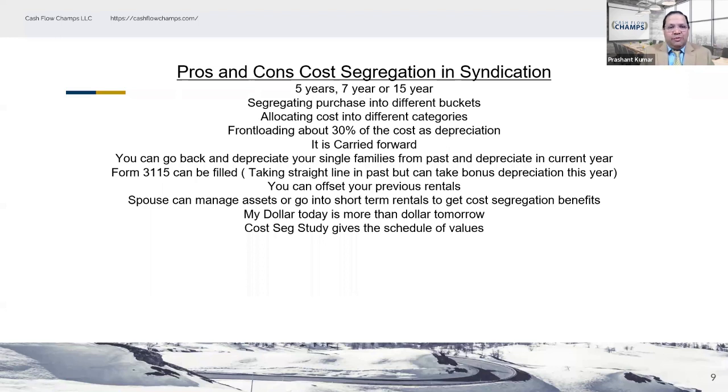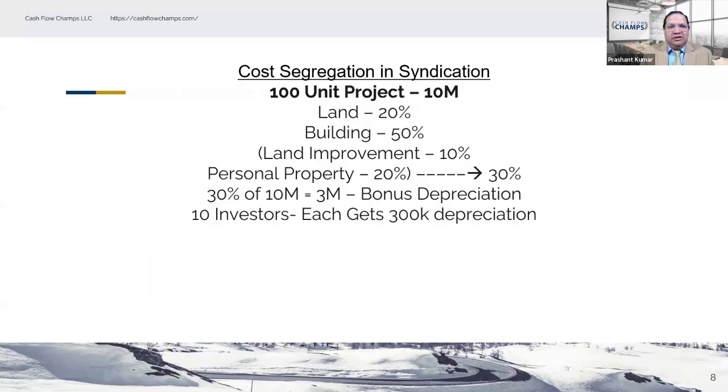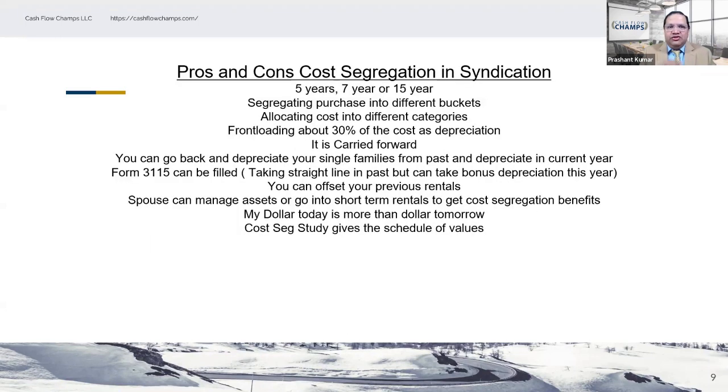In my previous example we made it very simple, a straight 30%, but in general, when all this is done, about 30% of the asset is depreciable upfront. That is called front loading due to bonus depreciation.